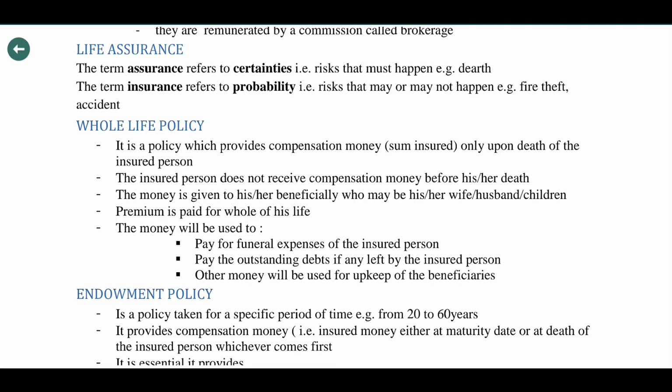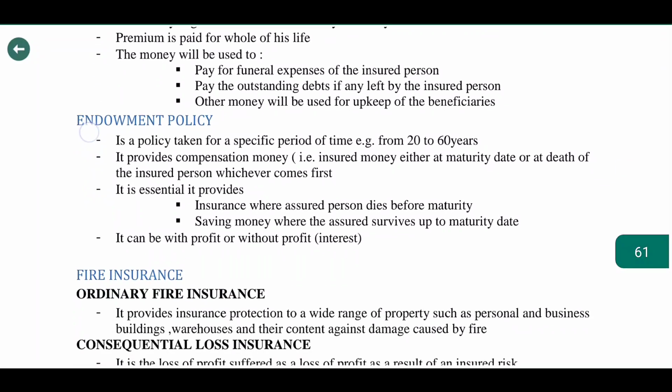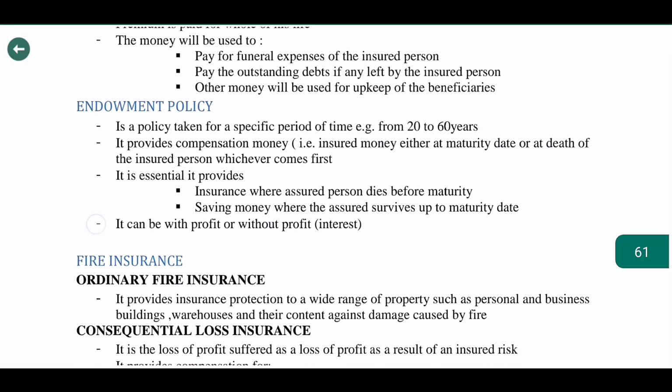Now, we also have the policy which is called the endowment policy. An endowment policy is a policy taken for a specific period of time, let's say 20 to 60 years. It provides compensation money, that is the insured money, either at maturity date or at death of the insured person, whichever comes first. Now, this is very important.